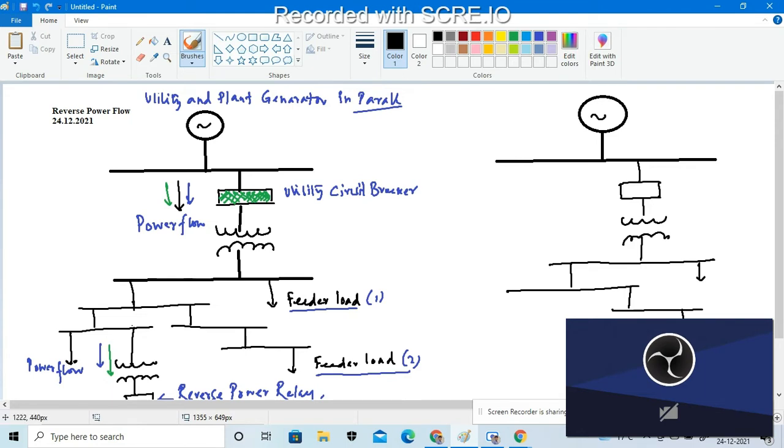So this is my feeder load, and we are connecting this segment also.